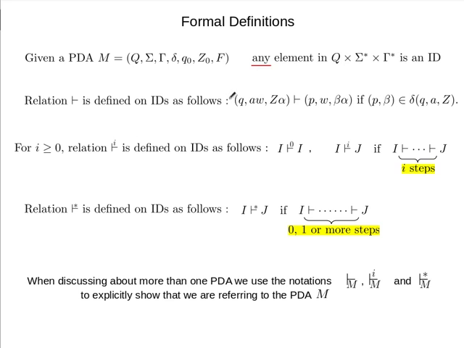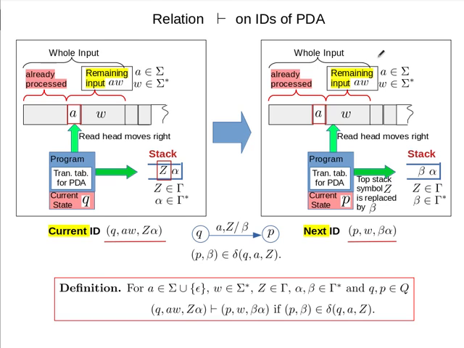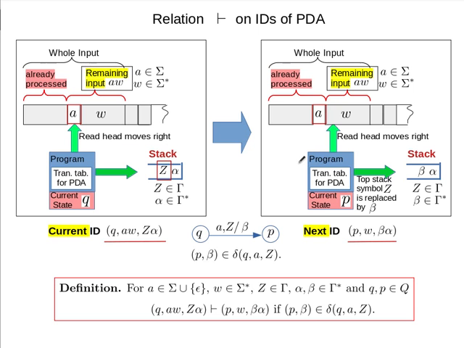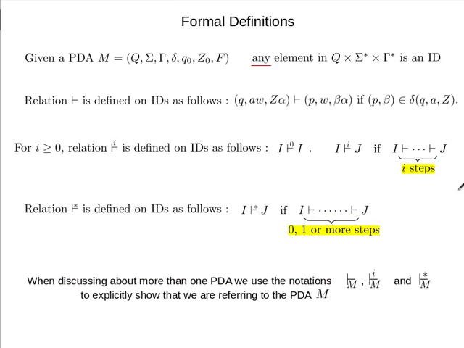That will be handled by this relation. But when we are just defining ID, ID is any triplet of this form. So it has three components. The first component is a state, the second component is some string over the input alphabet, and the third component is some string over this stack alphabet. The interpretation is as I mentioned before. So this is how you are supposed to interpret this thing, but it can be any triplet from here.